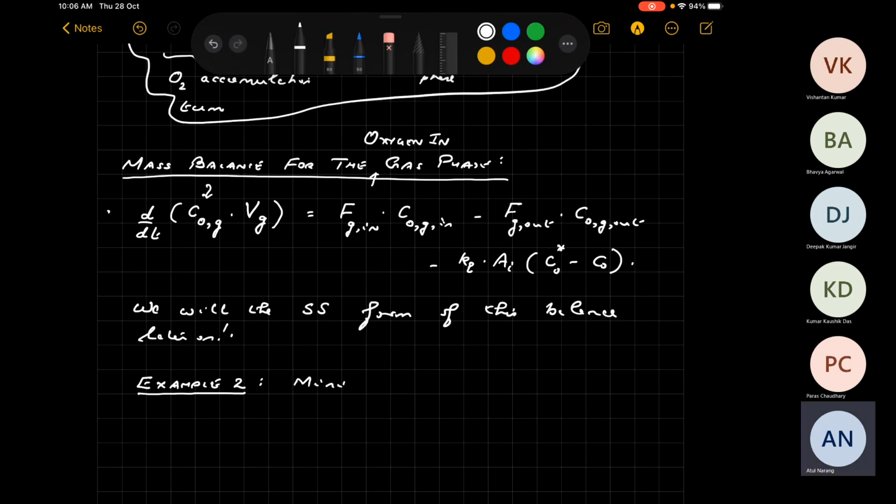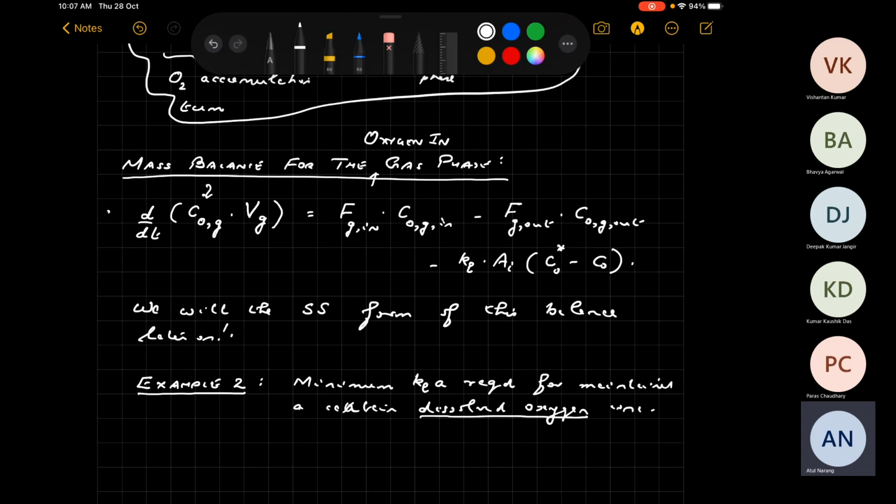This is basically asking you what is the minimum K_L a that is required for maintaining a certain dissolved oxygen concentration. Whenever the term dissolved oxygen is used, it is a synonym for oxygen in the liquid phase. So it's the concentration of oxygen in the liquid phase. This is the kind of notation that is used.